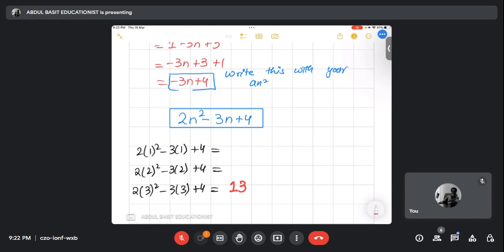Malaika? Sir, 6. Okay, 6. So let me check. 2 square is 4. 4 twos are 8. 8 minus 6 is 2. 2 plus 4 is 6. Yeah, good. Okay, Rida, आप रह गई हैं खाली. 2 minus 3 is minus 1. Minus 1 plus 4 is 3. क्या यही आ रहा है आपका भी, रिदा?